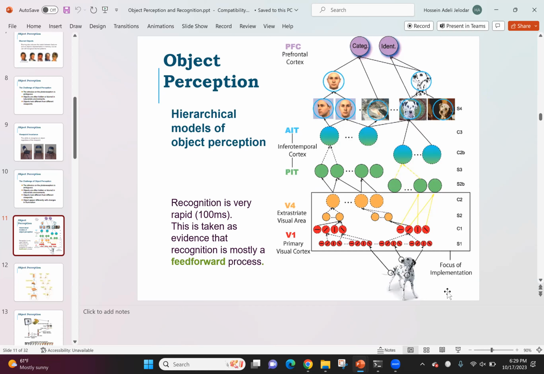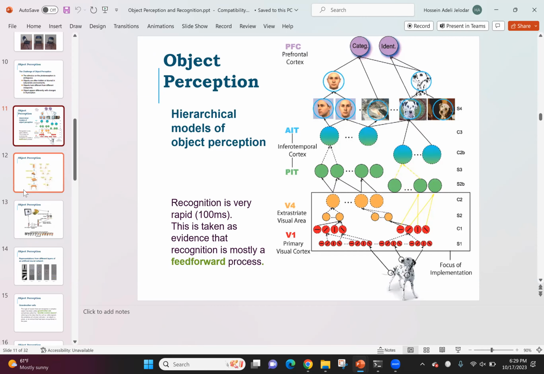So if you're looking at this dog, and we saw examples of this earlier, but this puts it across the entire hierarchy. If you have a photo of the dog, as you have here, the V1, the primary visual areas, are processing this visual input in parallel. What does that mean when I say the primary visual cortex is processing this visual input in parallel?